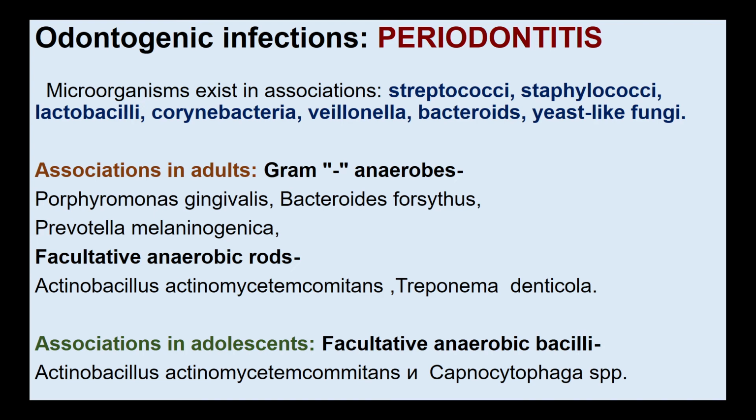And more often, in periodontitis in adults, the associated flora is gram-negative anaerobes: Porphyromonas gingivalis, Bacteroides forsythus, Prevotella melaninogenica, facultative anaerobic rods such as Actinobacillus actinomycetemcomitans, and Treponema denticola.